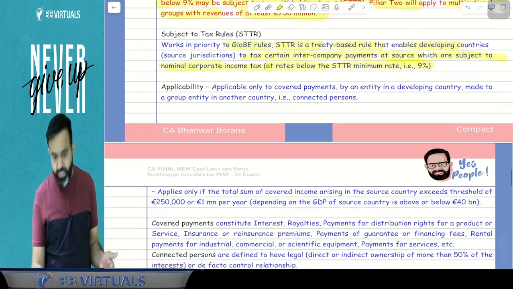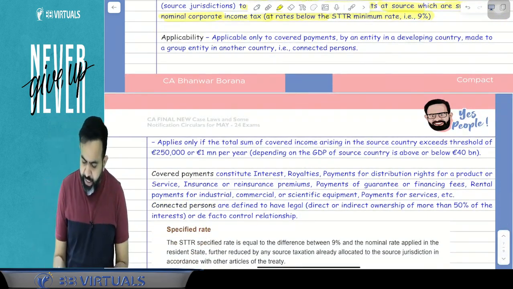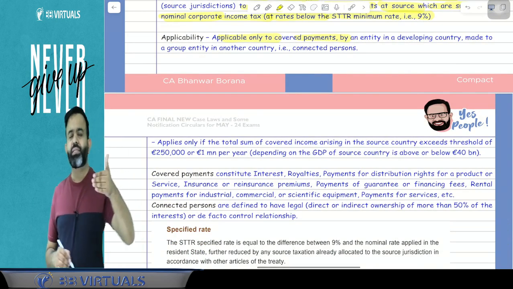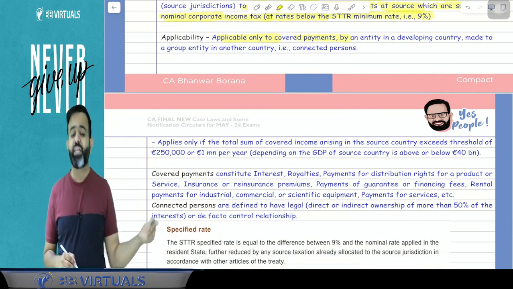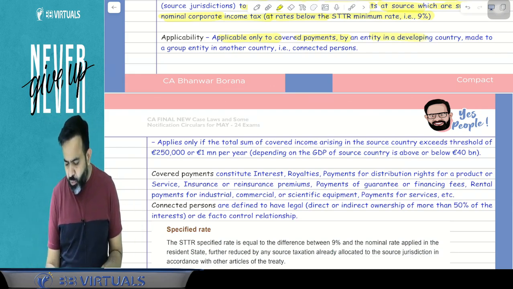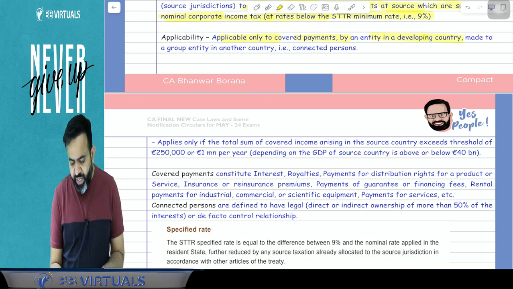Applicability: when is this STTR applicable? So here, STTR is applicable only to covered payments. Covered payment means, like you can say, passive income. It will be applicable on payments made by an entity of the developing country to a group entity in another country, or you can say a connected person.